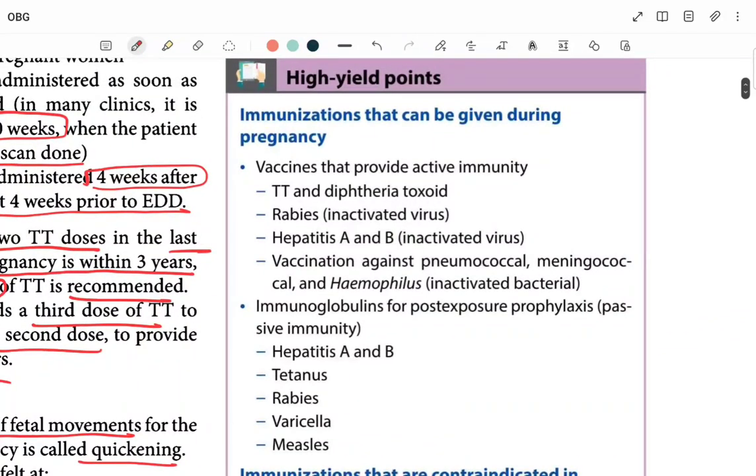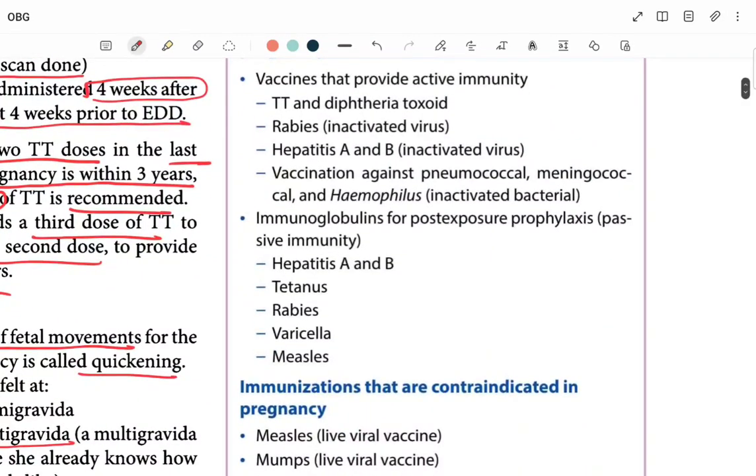So coming to some high yield points regarding immunizations that can be given during pregnancy. Vaccines that provide active immunity like tetanus toxoid and diphtheria toxoid, rabies, hepatitis A and B, and vaccination against pneumococcal, meningococcal and hemophilus, and immunoglobulins for post-exposure prophylaxis: hepatitis A, B, tetanus, rabies, varicella, measles.